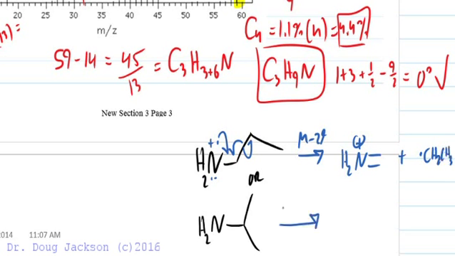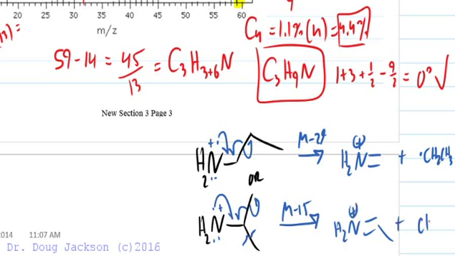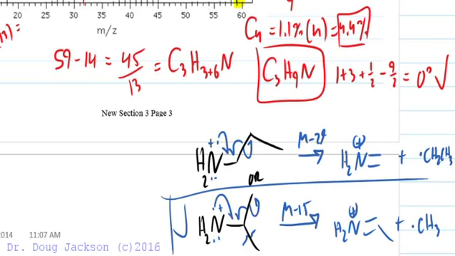And the other isomer, ionizing the lone pair, meet in the middle, homolytic cleavage, in both positions would form an M-15 by alpha cleavage. Loss of methyl there. So we know for a fact that is the isomer that we have because of the huge M-15 peak.